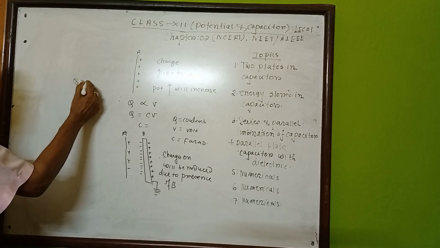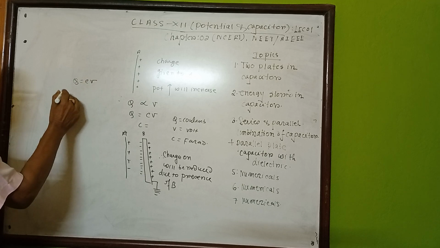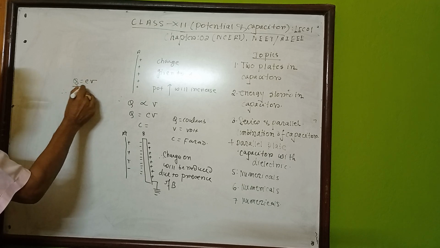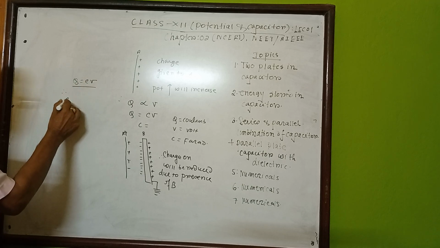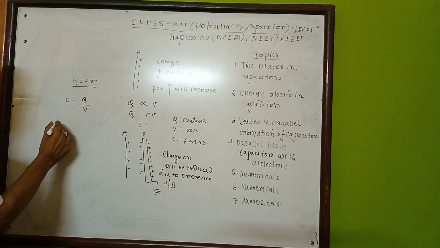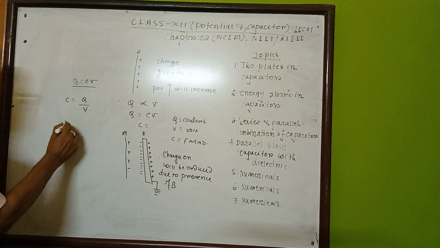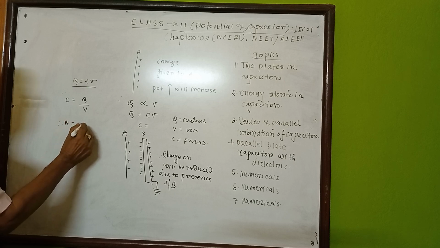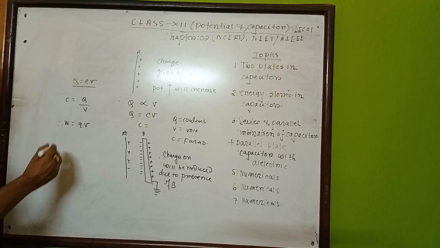Charge Q equal to CV. So the dimension of C will be Q by V. Now you know work done equals Q times V. This is work done.